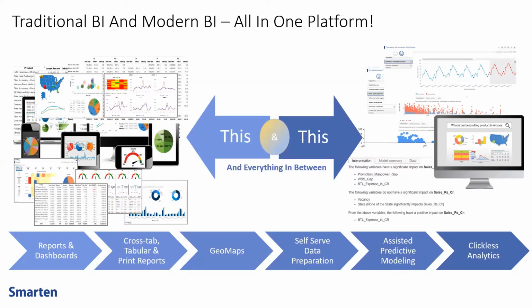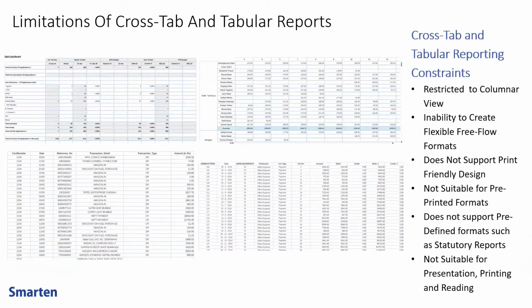So as you know, Smartan has very powerful cross-tab and tabular reporting formats. It gives you great slice and dice, drill down, drill through data operations, summary operations, and a lot of analytical options.